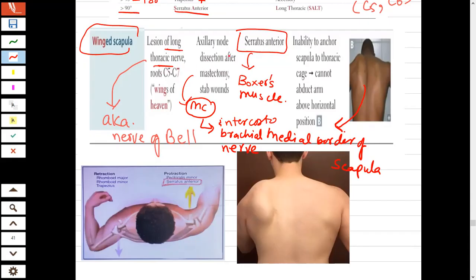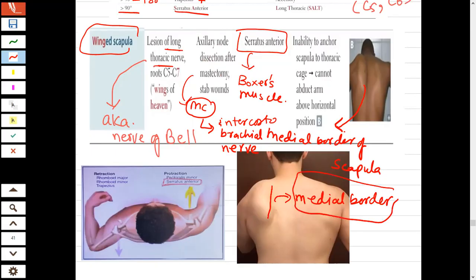So they can give you a scenario like this, that a female patient is having a mastectomy performed, and the surgeons have performed axillary node dissection because of the involvement of the axillary node. Okay, and after the dissection, the medial border of the scapula becomes prominent.